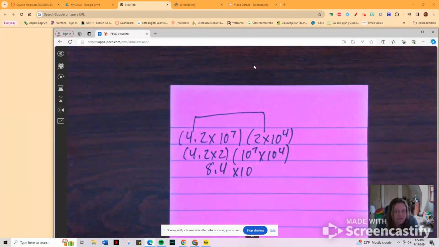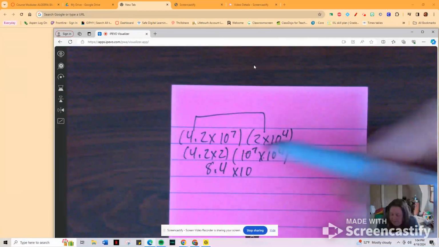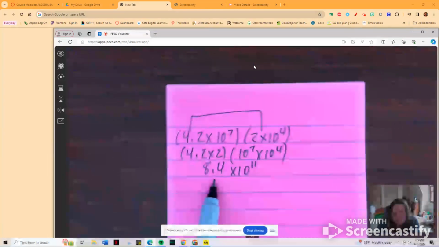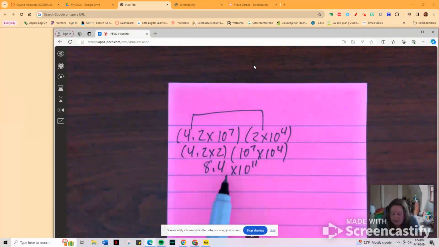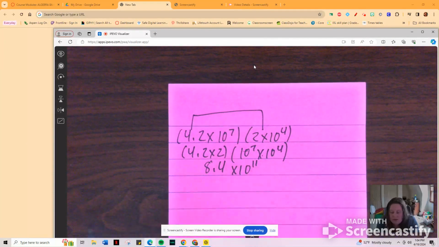And then we know it's going to be times 10 because it has to have a base 10. And by rules of exponents, multiplying with like bases, you just add the exponents together, so you get 11. You need to check to make sure that your final answer is in true scientific notation. That means that this number is between 1 and 10. If it is, your answer is done. If it's not, then you have to move the decimal, which also affects your exponent. Okay.